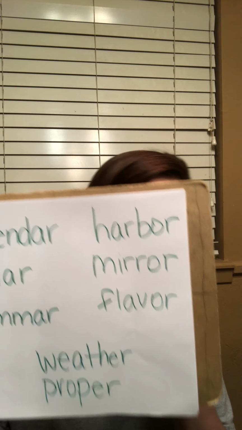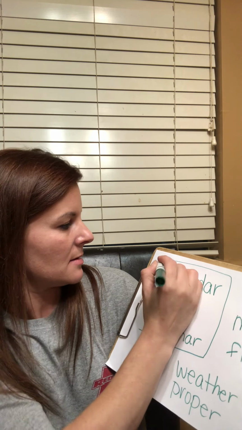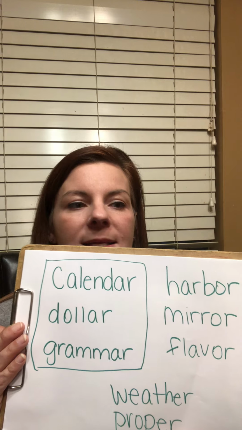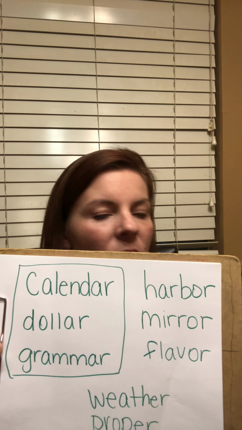Okay? Now let's look at these first three words I have right here. The calendar, dollar, and grammar. Okay? These all end with our AR. The ending is the unaccented syllable in each word. Okay? Which of these words has 3 syllables? Very good, you got it.